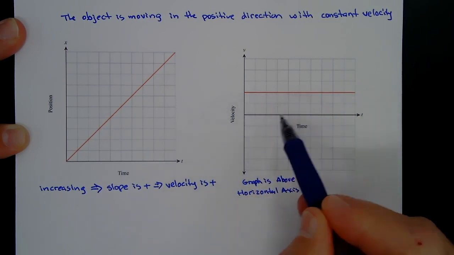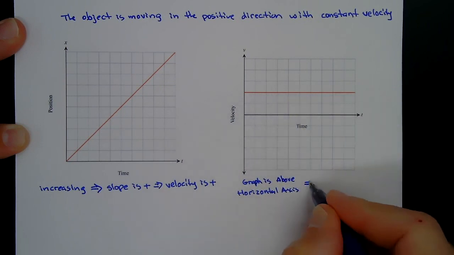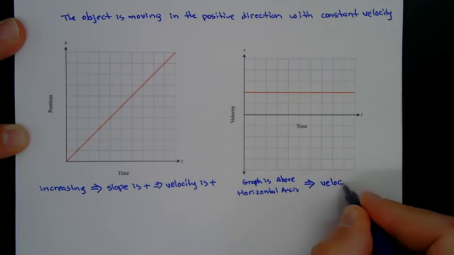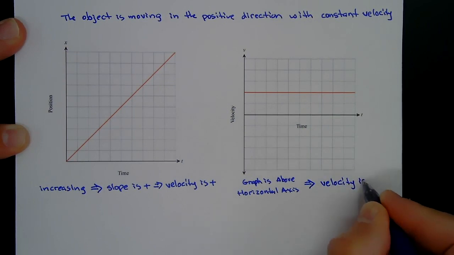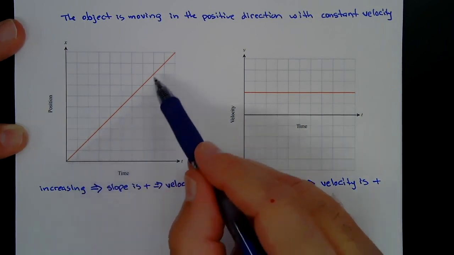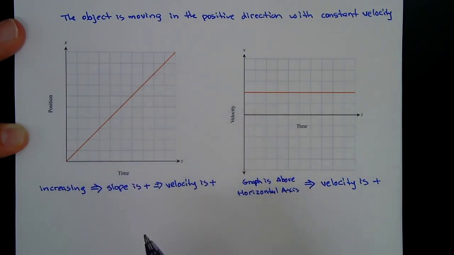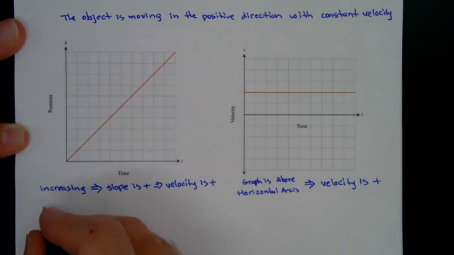Since all the outputs are above, that means all of these are positive, all right? And that would mean the velocity is positive. Okay, now the acceleration, there's no curvature to this, right? It's a straight line. So what that means is if there's no curvature, the acceleration is 0, okay? So no curvature.